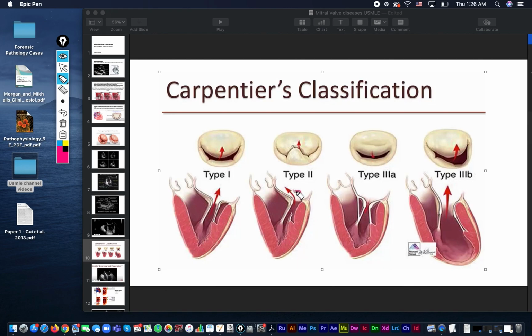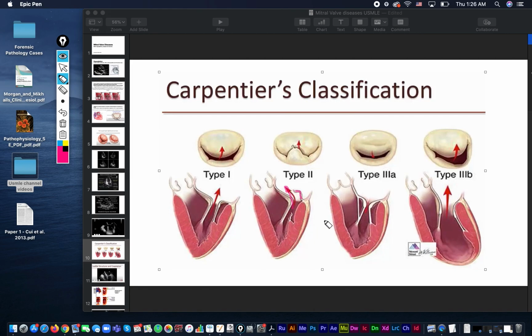But you could get excess leaflet motion from a papillary muscle rupture, a weakened annulus, because the annulus is what allows for good coaptation, and you see how the regurg is an eccentric jet.